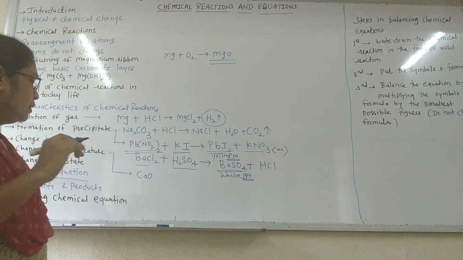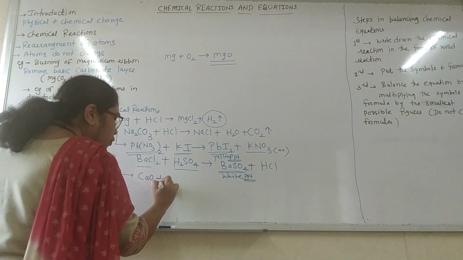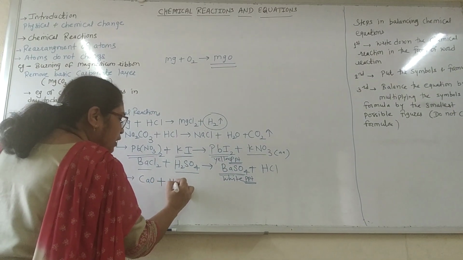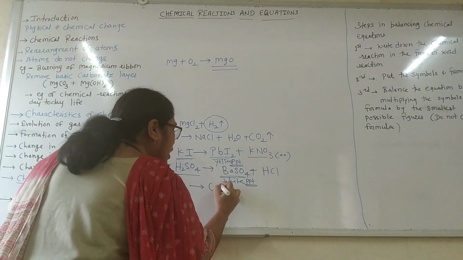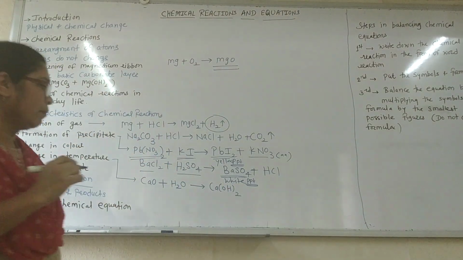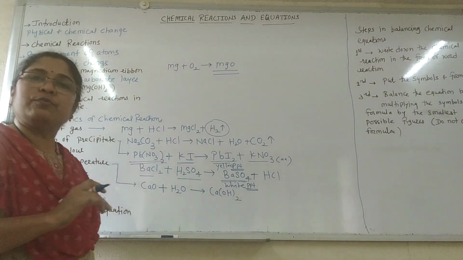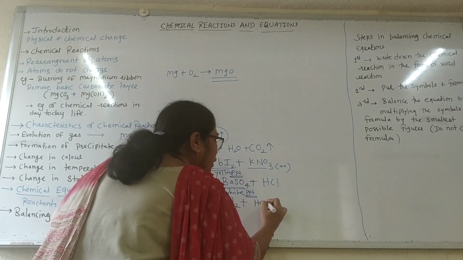This is the common name of calcium oxide, quicklime. When it combines with water, it gives calcium hydroxide, which is known as slaked lime. Along with this calcium hydroxide, heat is evolved.